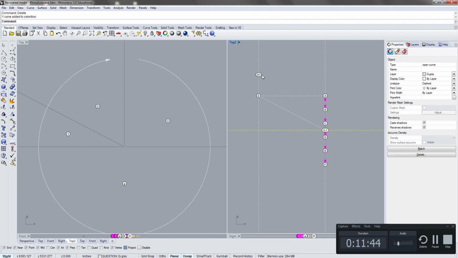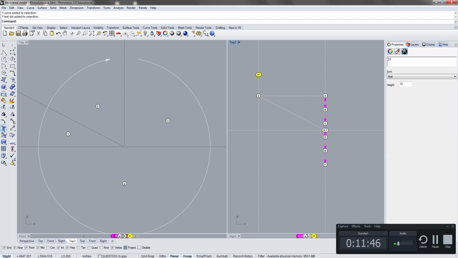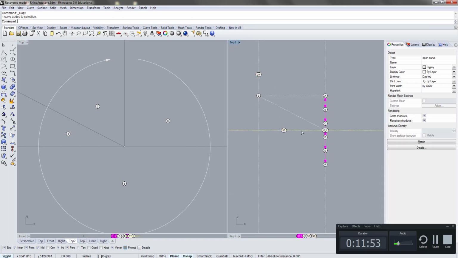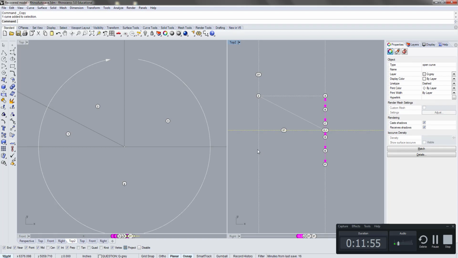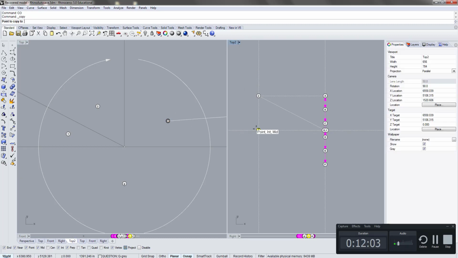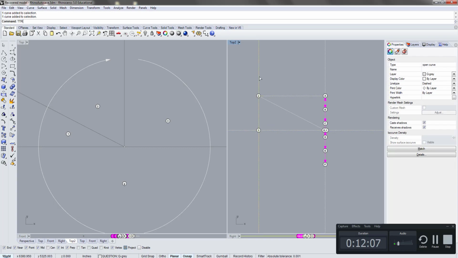So 3G must pass through G, and it must be horizontal. So 3 is somewhere on this line as well as somewhere on this vertical line. Again, the only possibility is at the intersection, so now we can locate point 3 to be right there.